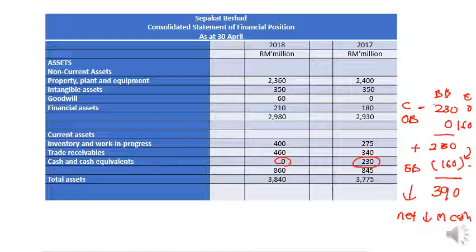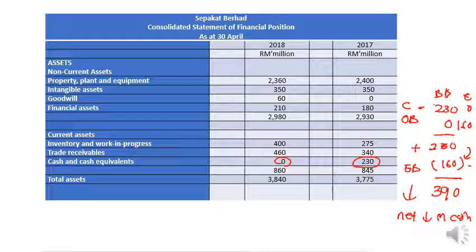If you total up these two figures, the beginning balance for the cash is 230, but the ending balance, with the bank overdraft, is negative 160. So at the beginning we have a positive, at the end of the year we have a negative, which means you have a decrease of 390.